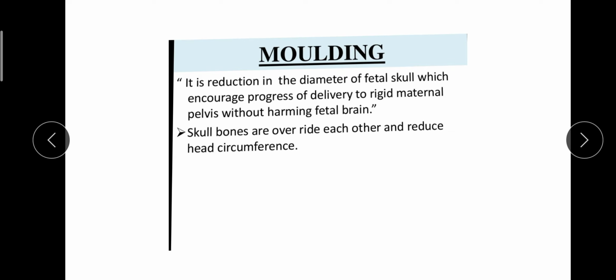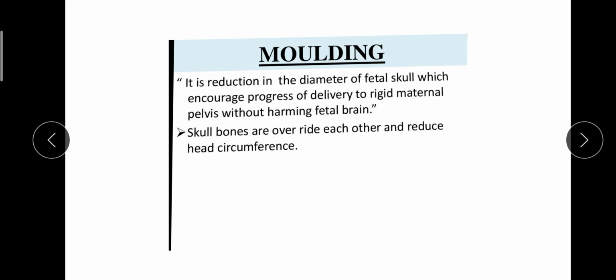The next one is called molding. What is molding? It is a reduction in the diameter of the fetal skull which encourages the progress of delivery to reach the maternal pelvis without harming the fetal brain. During delivery, the whole head takes a different shape for the easiness of delivery without any complication or harm to the baby.